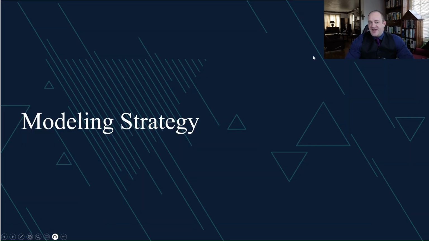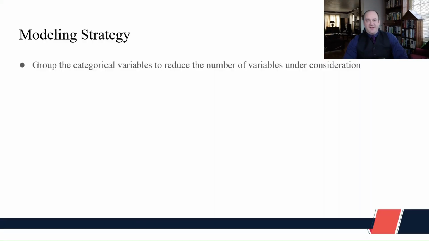Okay, so with these simplifications in mind, what is our modeling strategy? We already have done part of this. One, we group the categorical variables to reduce the number of variables under consideration. Again, this goes back to the increasing groups lecture. The reason we do that is because for categorical variables with a large cardinality, say zip codes or something like that, there's just too many of them.